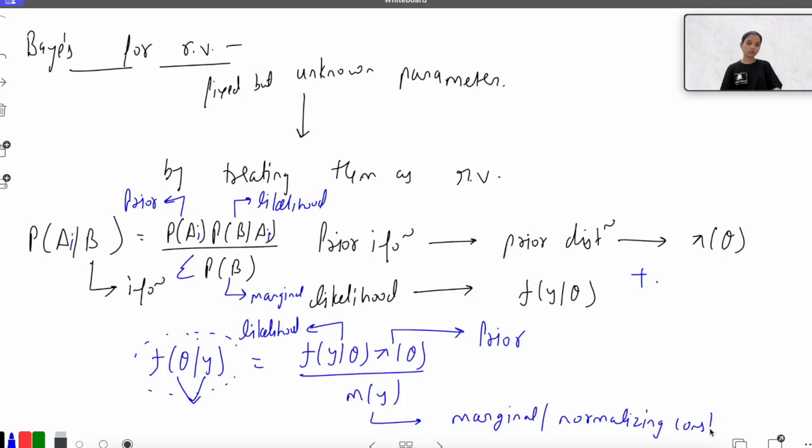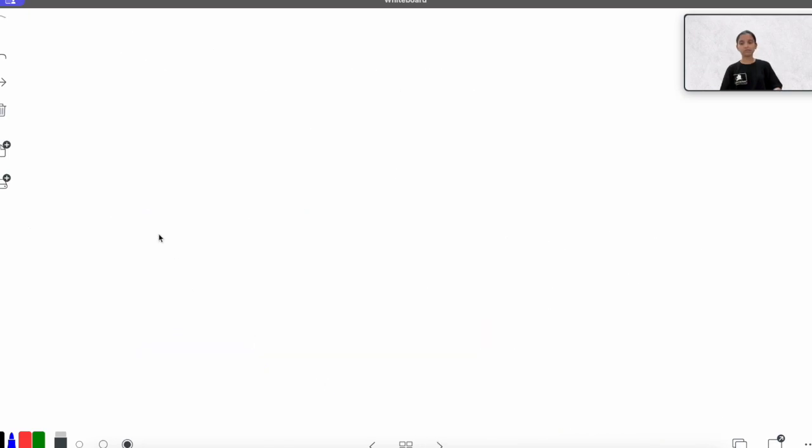Now most of the time this normalizing constant can be ignored because it does not depend on the parameter. So I can rewrite this Bayes theorem as f of theta given y proportional to f of y given theta times pi of theta. The reason is that the normalizing constant or marginal does not depend on the parameter, so we can write it in this format.